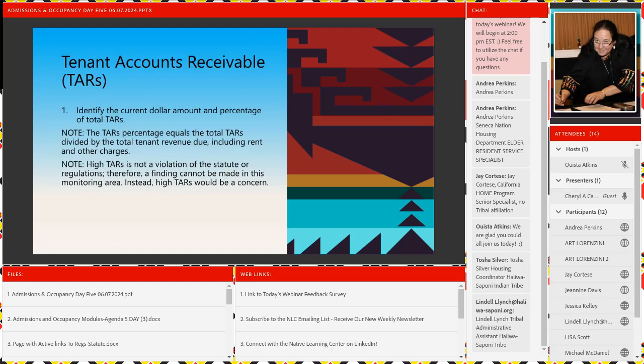So your tenant account receivables, you hear them referred to as TARs. You should identify your current dollar amount and percentage of total TARs because they're going to look at them. So your TARs percentage equals the total TARs divided into your total tenant revenue due, including rent and other charges.